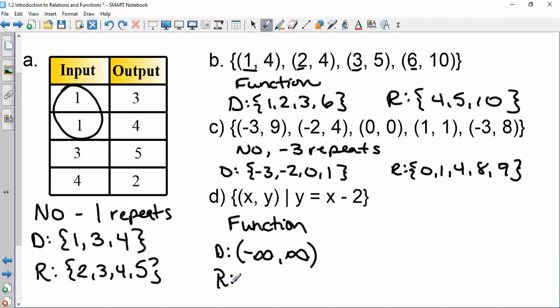No, we can get positives, we can get negatives, we can get zeros, so the range is also negative infinity to positive infinity. That infinity is kind of like a sideways 8 if you're struggling to draw that. Questions on how to tell something's a function from the ordered pairs or table?